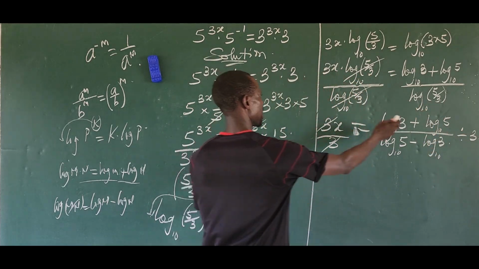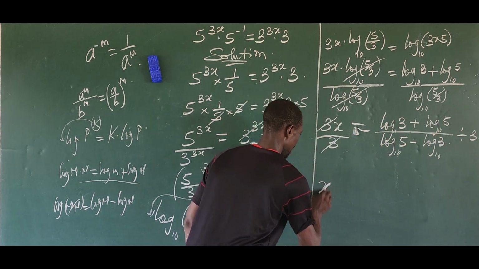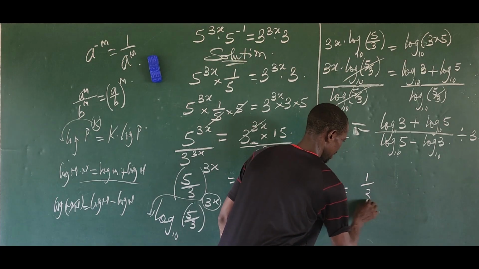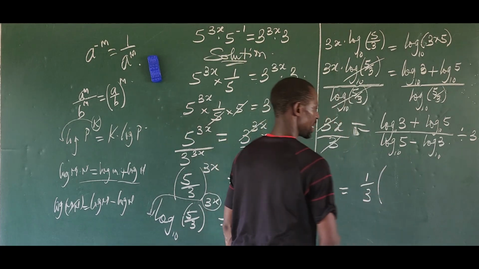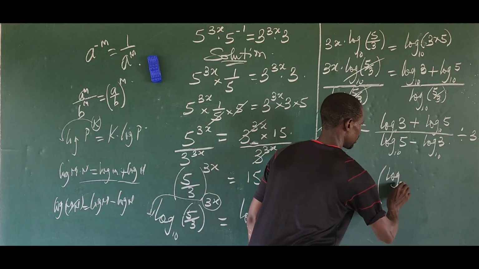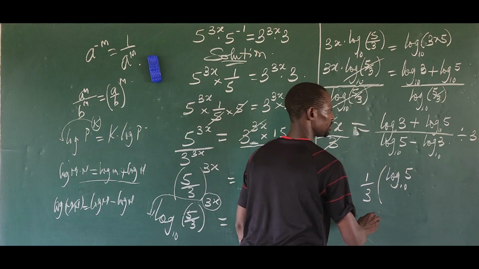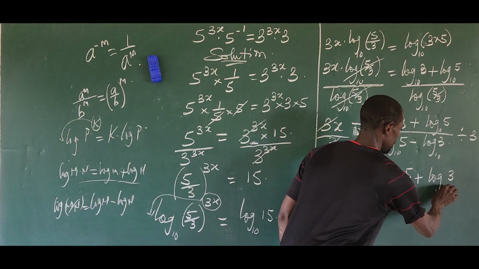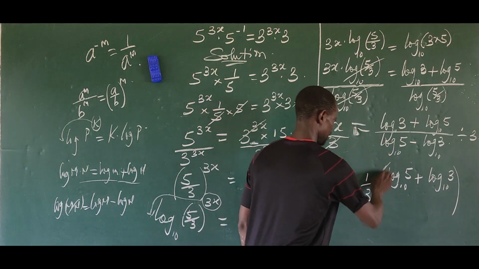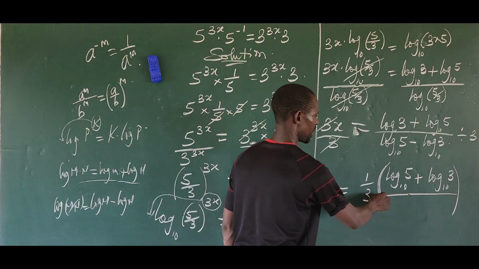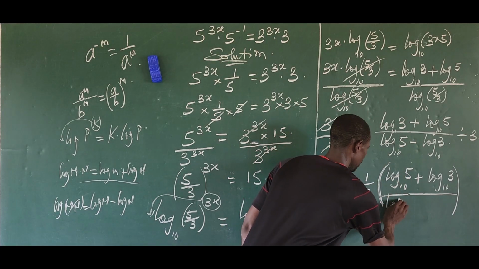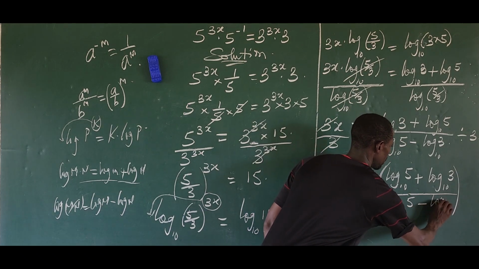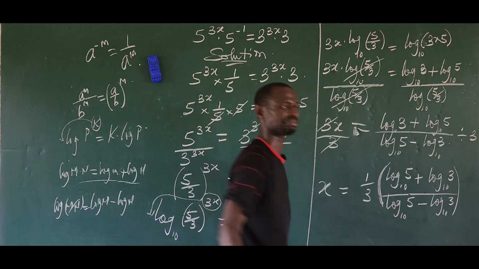So we can rewrite the whole of this expression. Therefore our x will now be equal to 1 all over 3, times the bracket log 5 base 10 plus log 3 base 10, all over log 5 base 10 minus log 3 base 10.